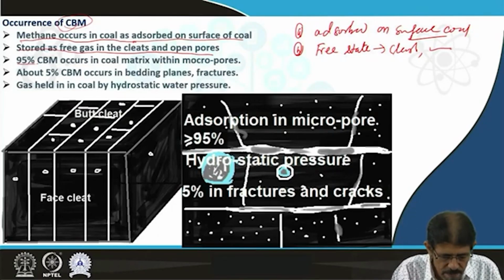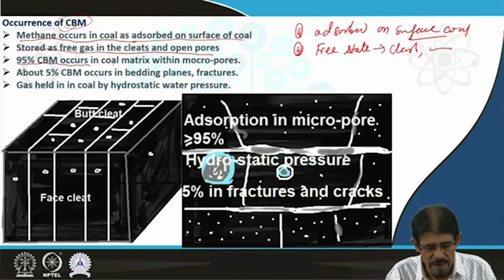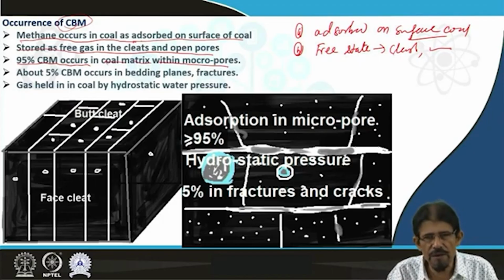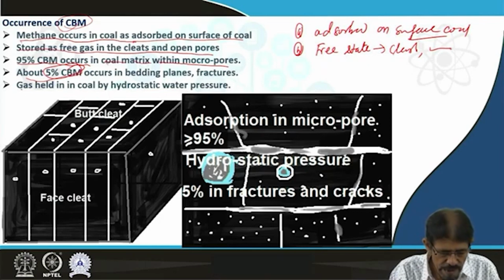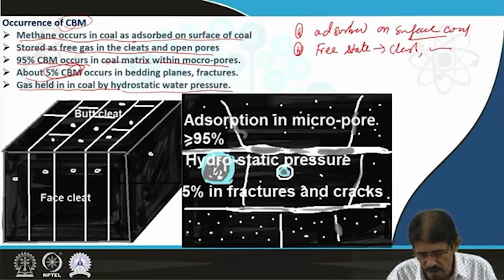So 95% of CBM occurs in the coal matrix within micropores as a result of adsorption on the surface, and about 5% of CBM occurs in a free state, in the cleat system, in bedding and in joints. Gas is held in coal by hydrostatic water pressure.